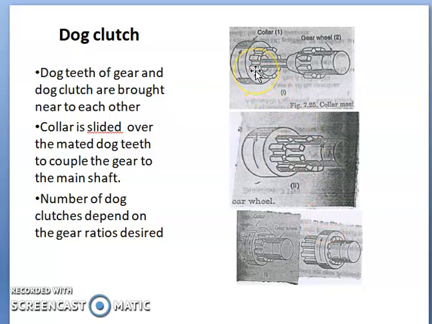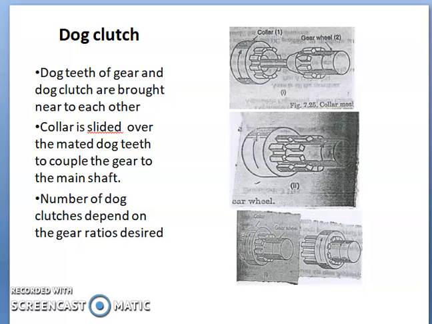First the dog teeth of the dog clutch and the gear wheel are brought into contact, and then the collar is slid. Once the collar is slid into place, it couples the dog clutch with the transmission shaft, causing it to rotate. The number of dog clutches depends upon the number of gear ratios that are desired.